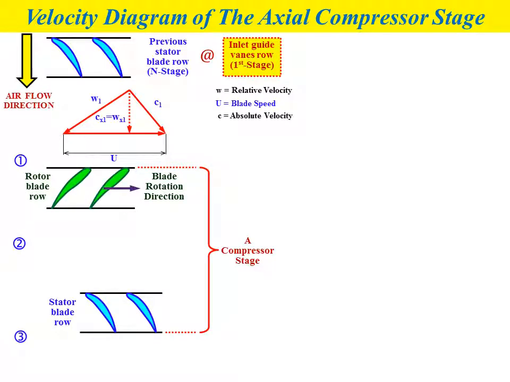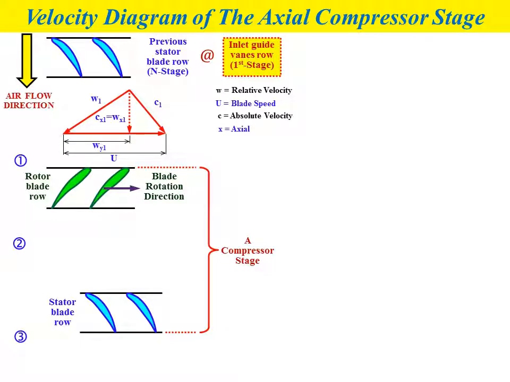The axial velocity component for both W1 and C1 is Cx1, which is equal to Wx1, and x stands for the axial direction.